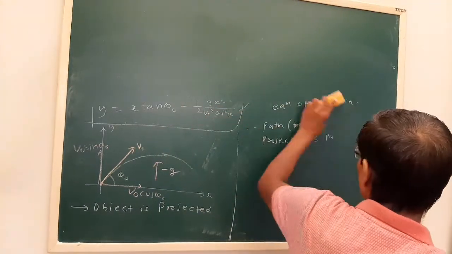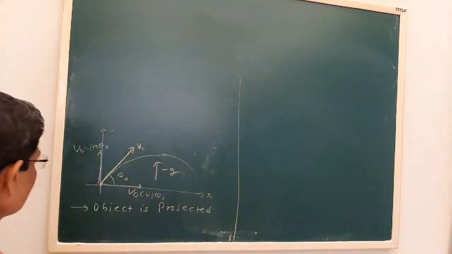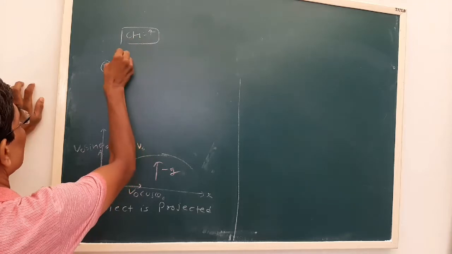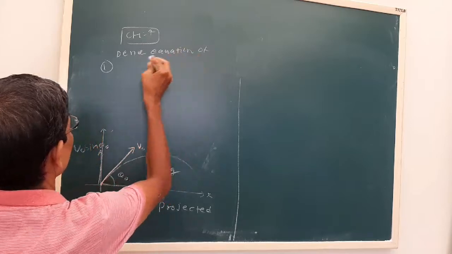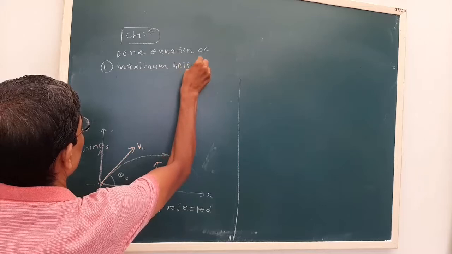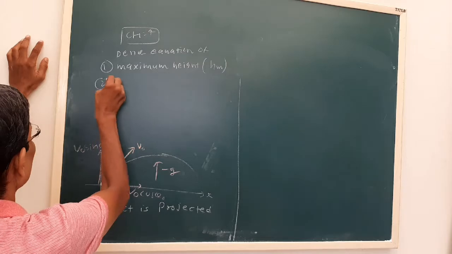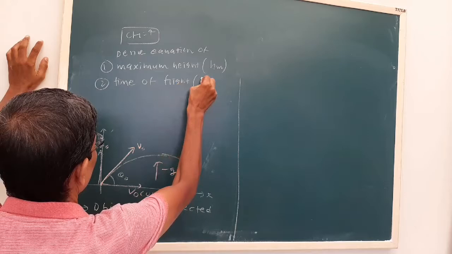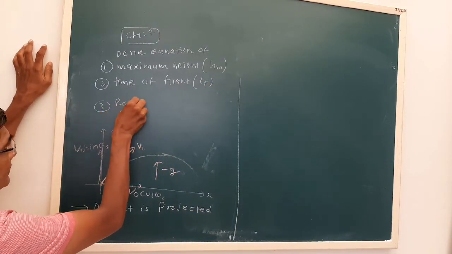Now next we have to derive the equation for the maximum height, x_m or simply x, the time of flight, and the range.